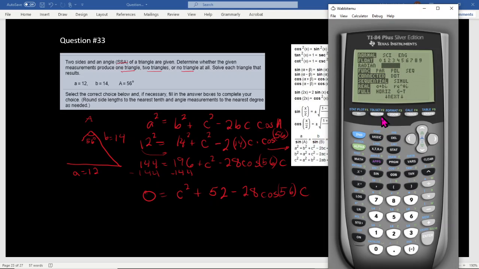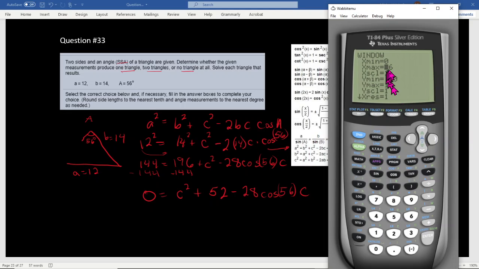Okay, where were we? Window. Obviously you can move this around, but the biggest this side could be is 12 plus 14, which is 26. So 26 is the very max that this side could be and still form a triangle, and it's actually probably a lot less than that.